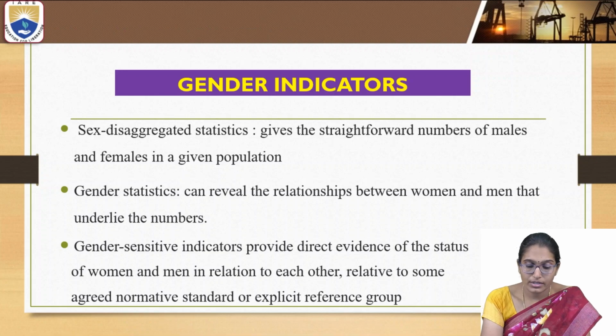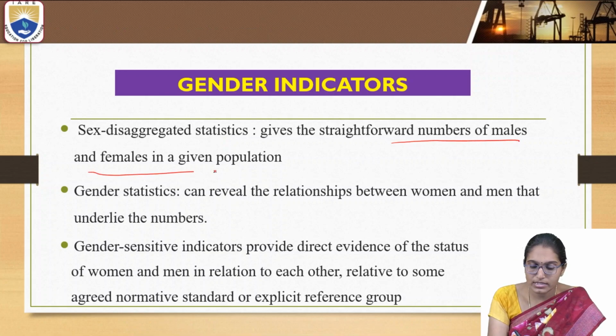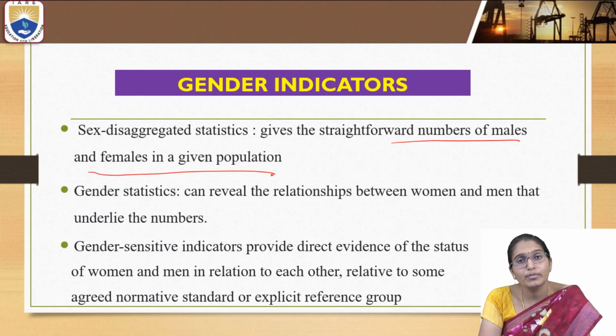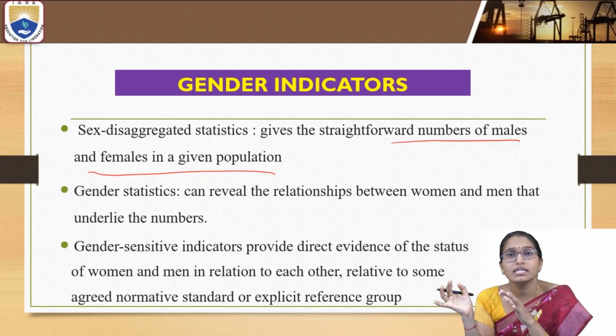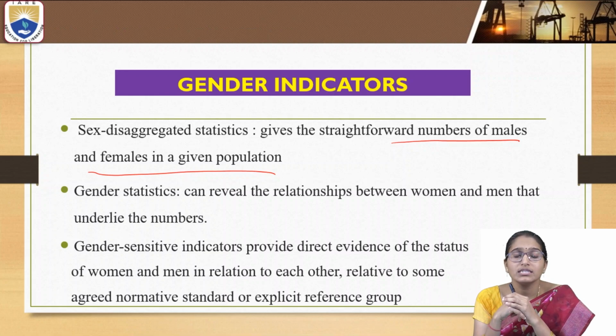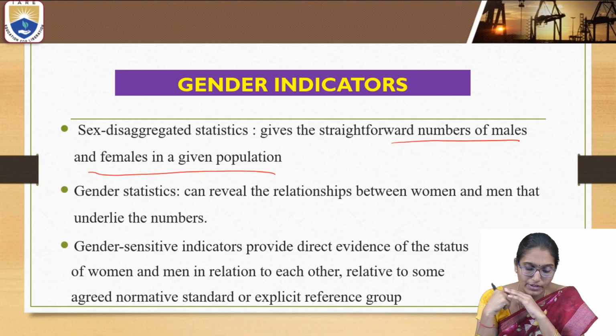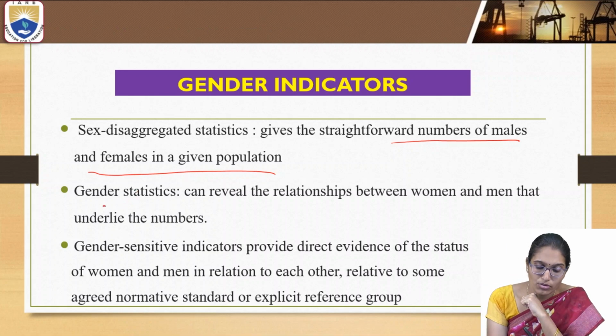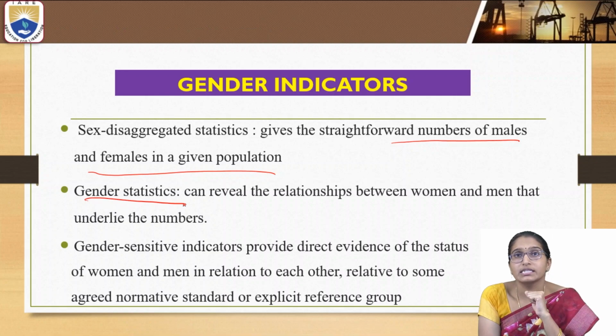These indicators are mainly based on two terms. One is sex disaggregated statistics, which gives a straightforward number of males and females for a given population. So in a given society or place, what is the number of males to females. This gives a direct number about the number of males and females, and also the gender statistics.